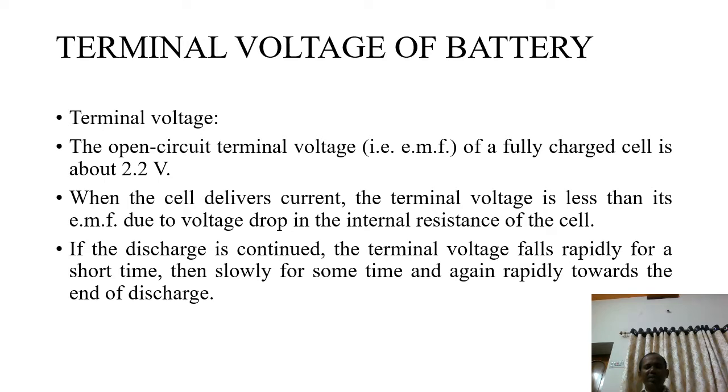Then you can calculate the terminal voltage of the battery when the cell is delivering the current. Therefore, in this condition, the terminal voltage of the battery is lesser than EMF due to voltage drop in the internal resistance of the cell.